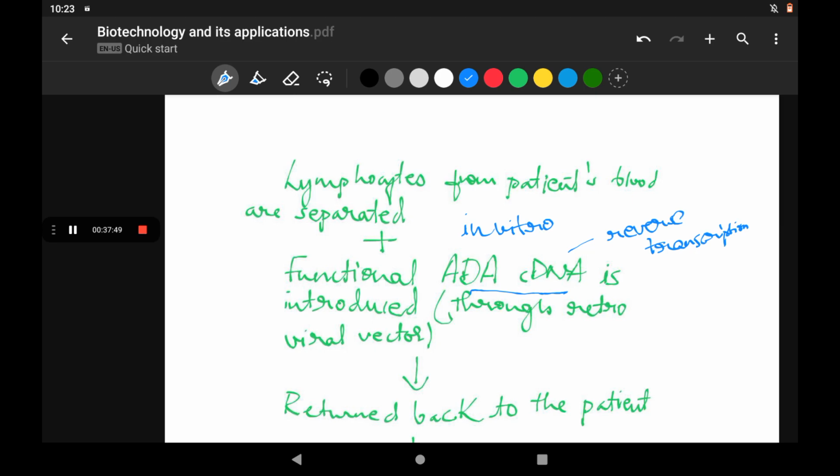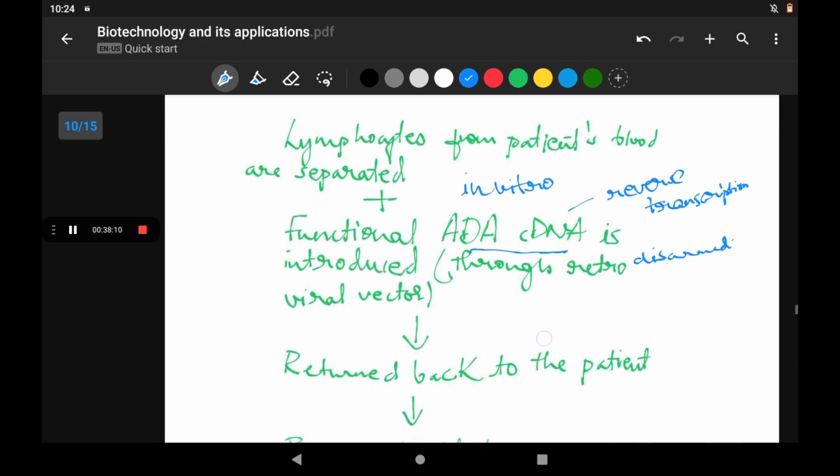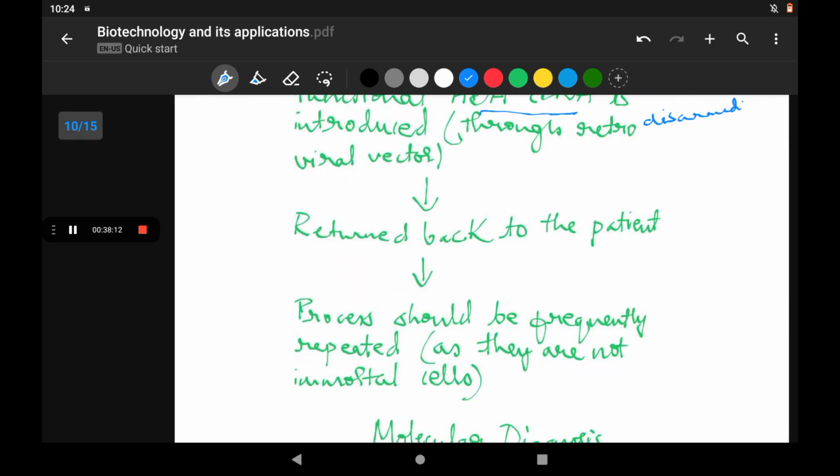The functional ADA cDNA is introduced through a retroviral vector. We are using disarmed retroviruses for introducing this functional ADA cDNA into the separated lymphocytes. Now the lymphocytes are modified and have this ADA cDNA. They are returned back to the patient's body.